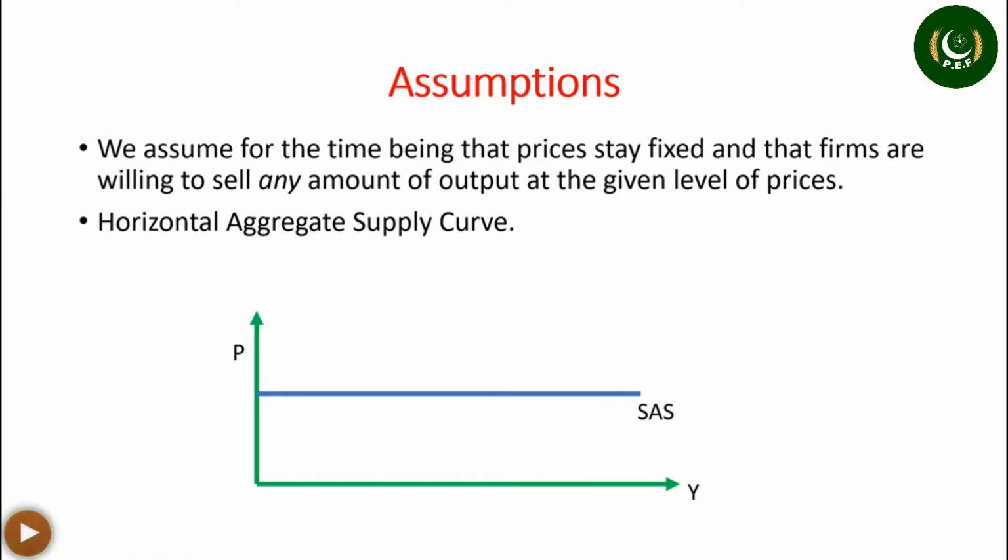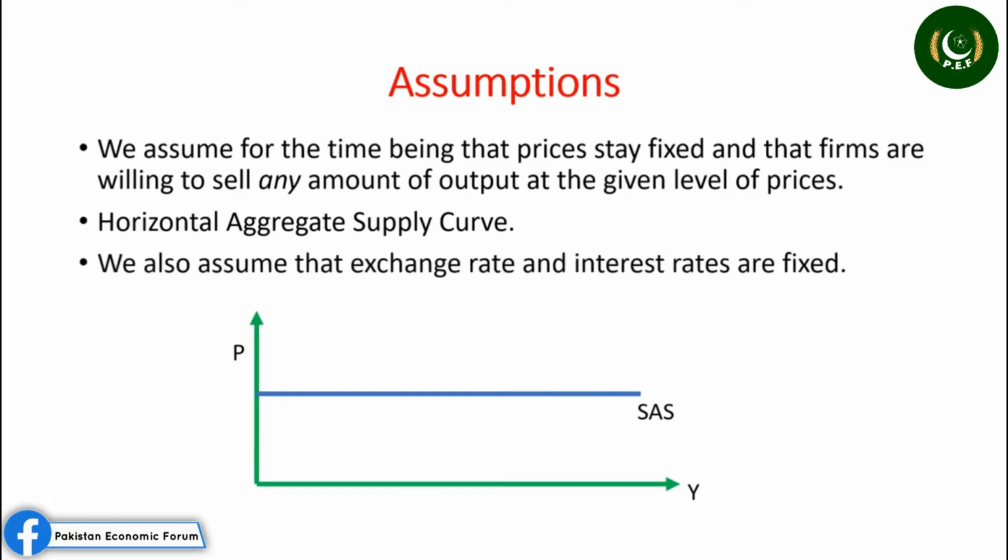This fixed cost of production provided the basis for fixed prices. We also assume that exchange rate and interest rates are fixed. All these assumptions are made for simplification. Later on, we shall relax these assumptions gradually.